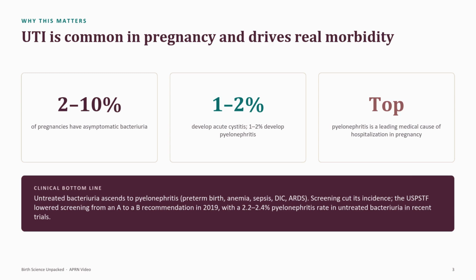One caveat for an advanced practice audience: routine screening has lowered pyelonephritis incidence, and the strength of the screening evidence is moderate, not strong. The USPSTF downgraded the recommendation from an A to a B in 2019 after 2 trials showed only a 2.2 to 2.4% pyelonephritis rate, even in untreated bacteriuria.